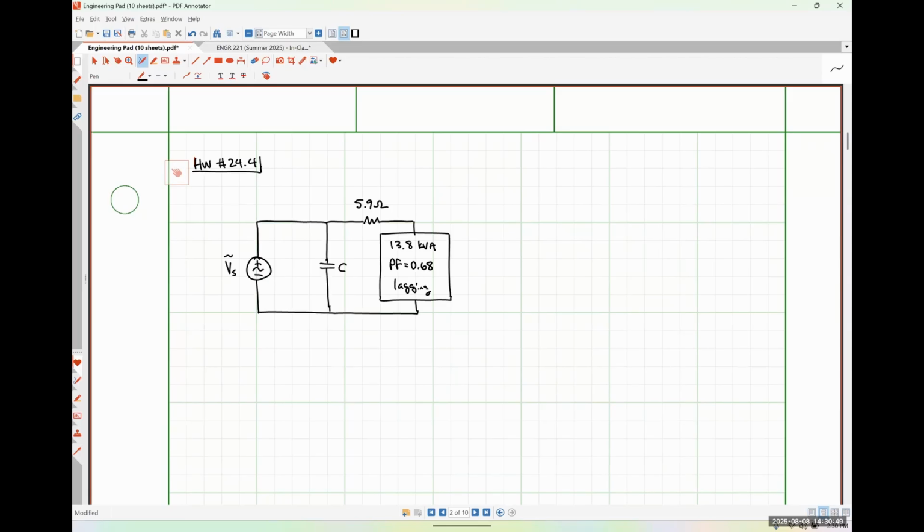Okay. So we're also given a couple of other pieces of information. We are told that the magnitude of the current flowing through our load is 24 amps RMS. We're told that our target power factor, or PF new, is 0.94 lagging.